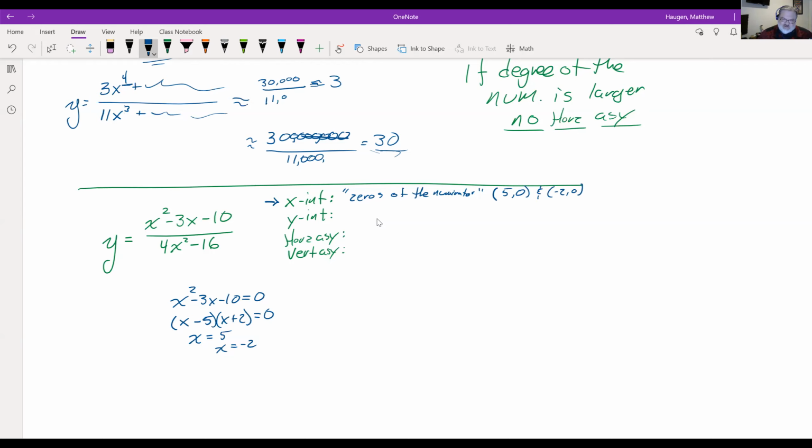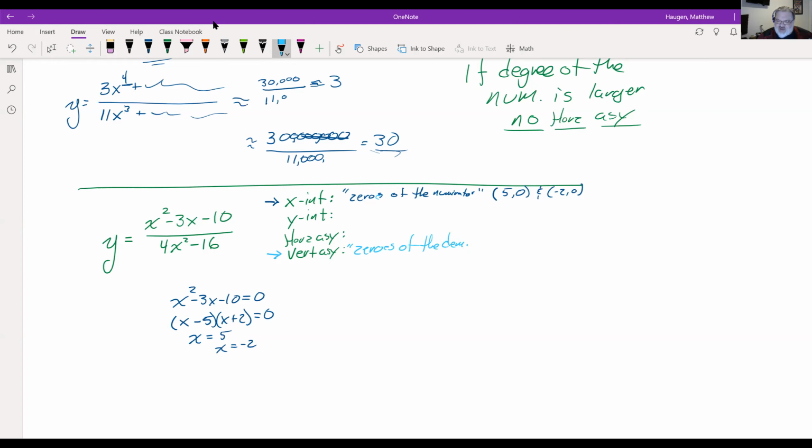Aaron, which one do you want to do next? Let's do the vertical asymptotes. Okay. So, how are you going to find the vertical asymptotes? They'd be the zeros of the denominator. Good.